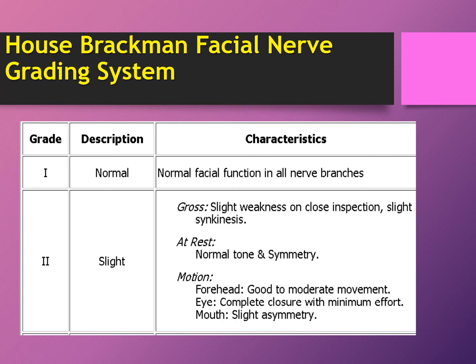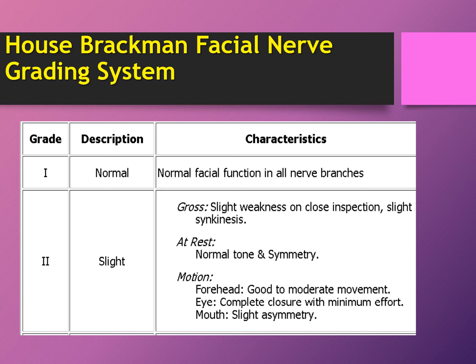We classify the paralysis through the House-Brackmann facial nerve grading system. We grade them 1 if there is normal facial function in all nerve branches. 2 when there is slight paralysis. There is normal tone and symmetry at rest.